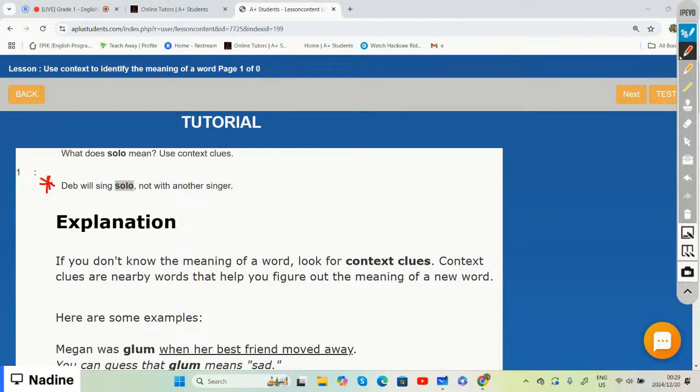But you need to tell me what you think solo means. Another word maybe for solo. If I say I'm gonna sing solo, I'm gonna do something solo, not with anybody else, then what does that mean?